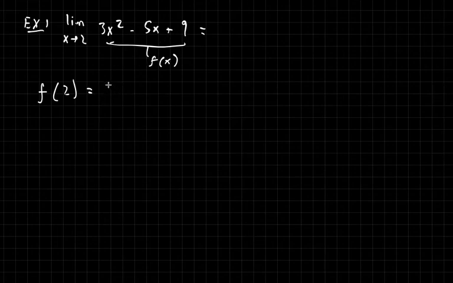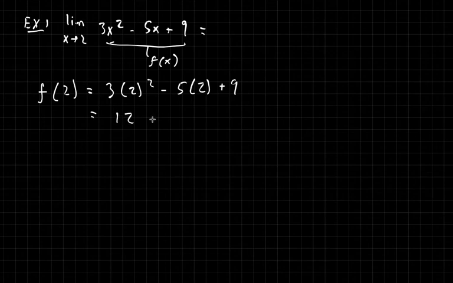So 3 times 2 squared minus 5 times 2 plus 9, right? 3 times 4 is just 12, minus 5 times 2 is 10, plus 9. 12 minus 10 is 2, plus 9 is 11. So f of 2 equals 11.